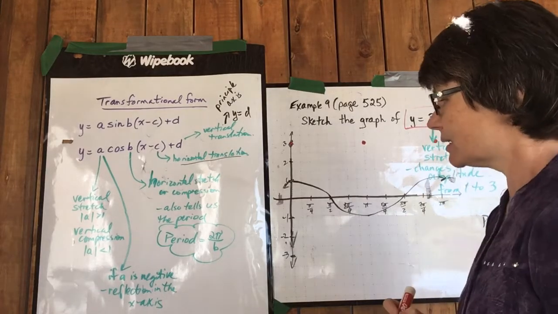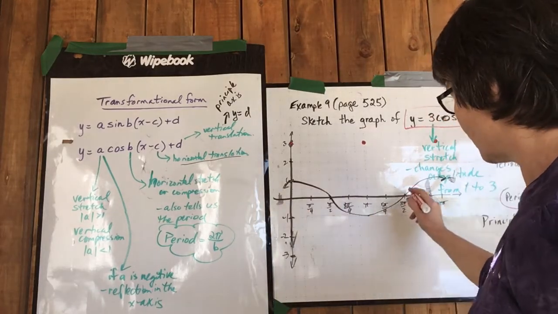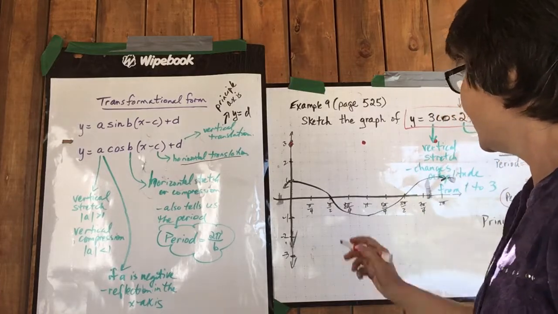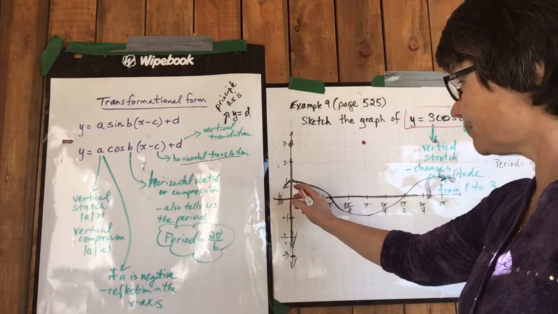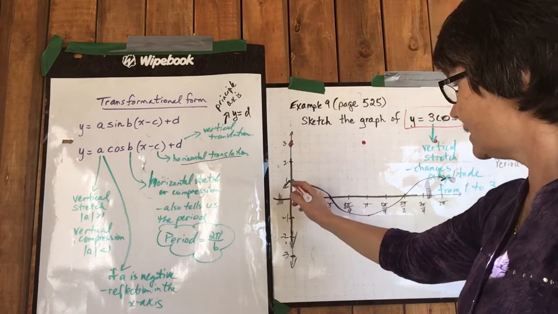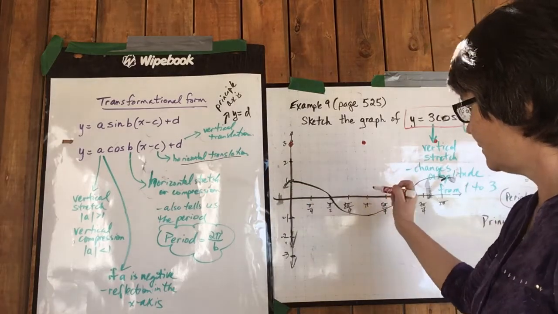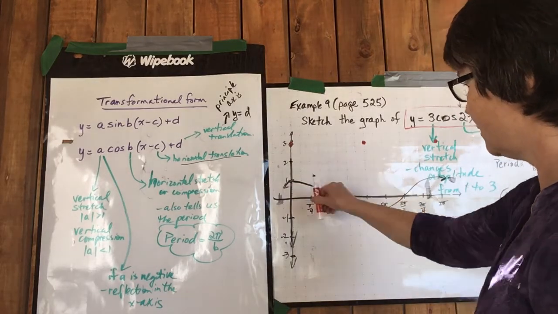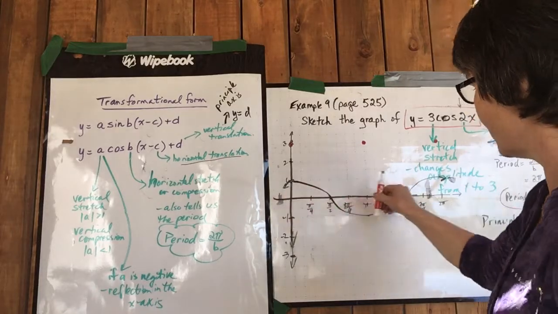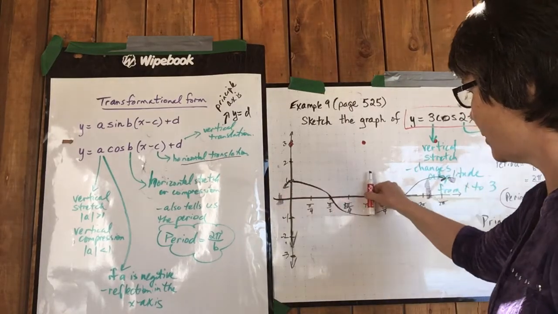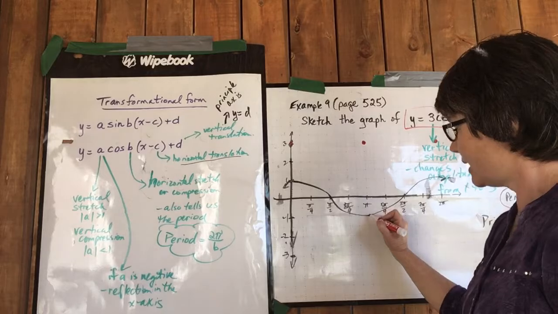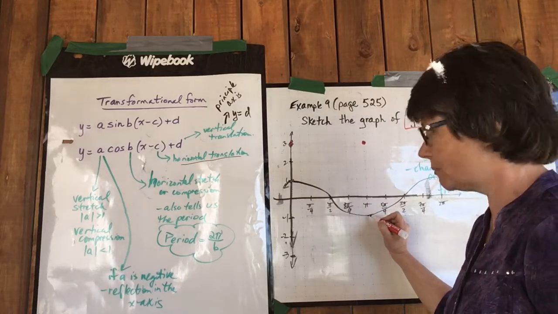Because of the shape of the cosine graph, halfway through the period is where it reaches the minimum.